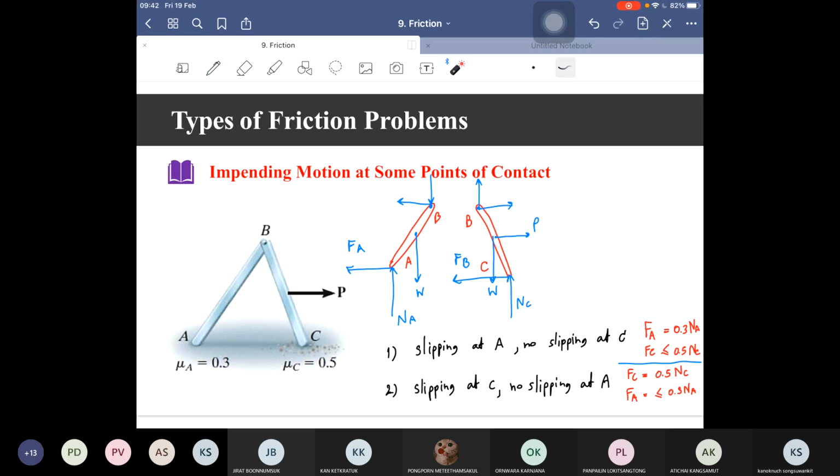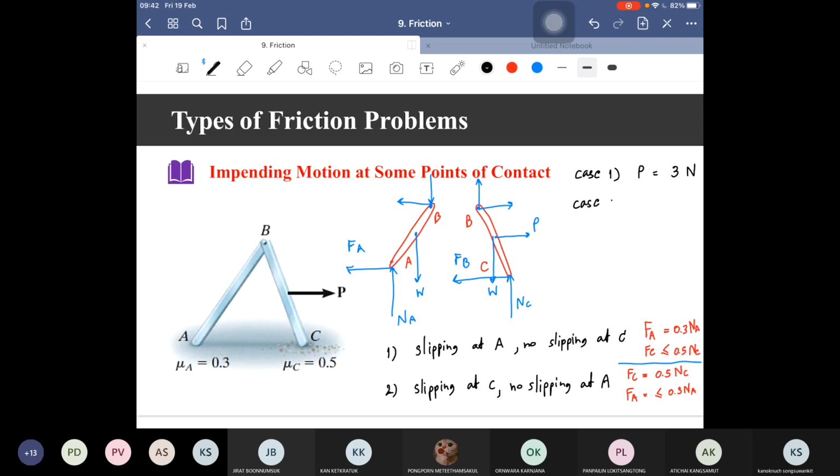Now, to determine the actual situation, you have to calculate the force P for each case, okay, and then choose the case that provides smaller P. For example, for case 1, you can calculate P equal to 3 Newton.